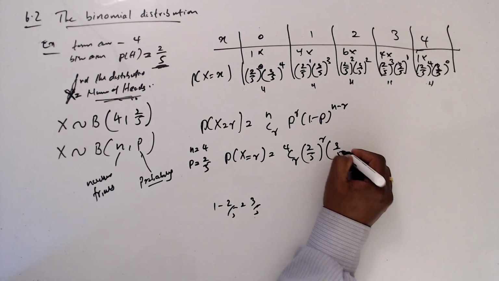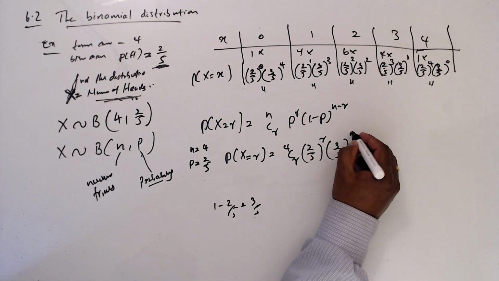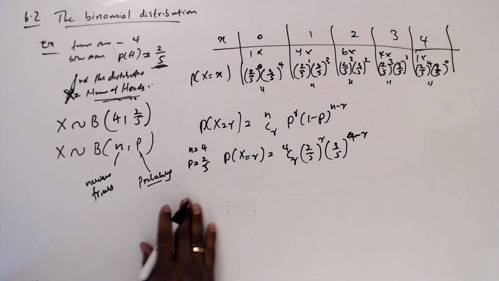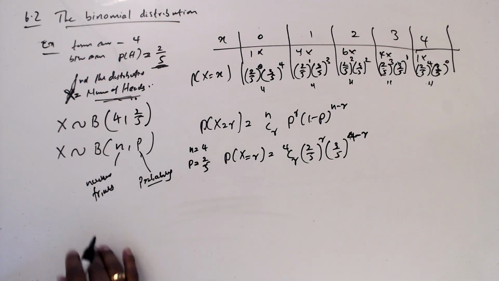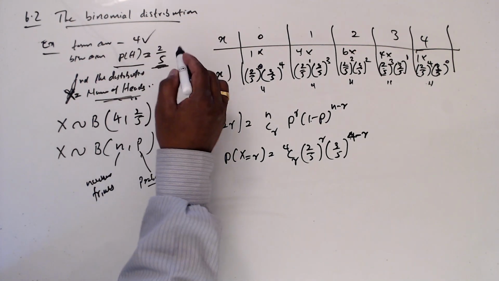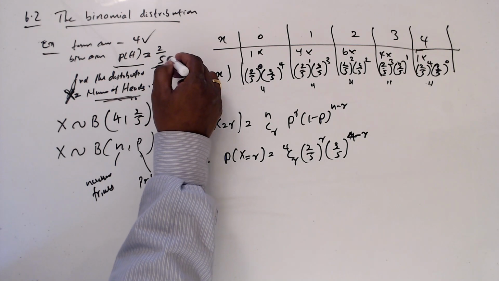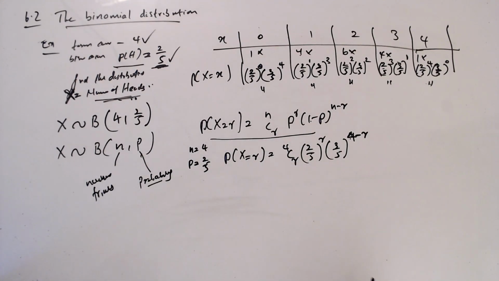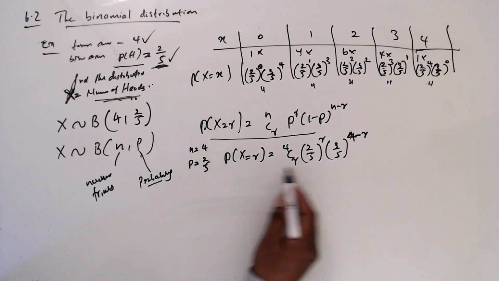So 3 out of 5 to the n minus r, where n we know is 4, so 4 minus r. When we have the number of trials and the probability, then we can write the standard probability mass function, and then we can find the probabilities.